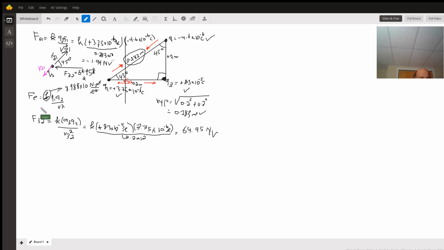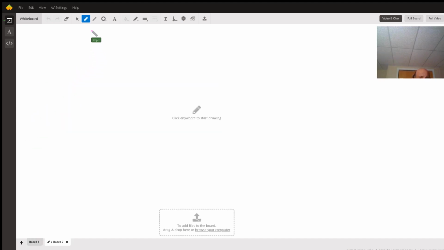Now on the next board, I'm going to simplify this more. You have this charge here, a little circle, that's a charge. You've got a force heading in this direction. I'm going to make it big because it ended up being a large force, 69.9 Newton. And you've got a little force like this of 1.94 Newton.